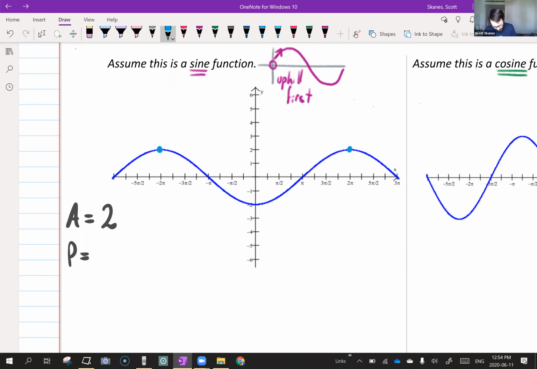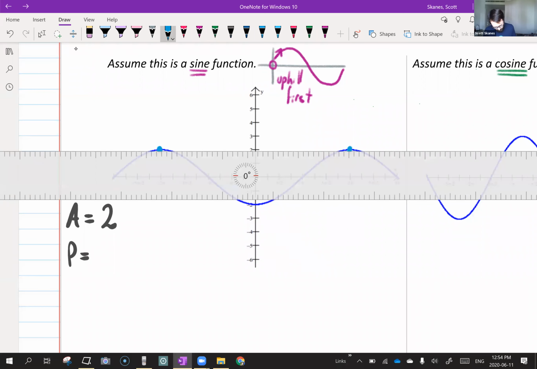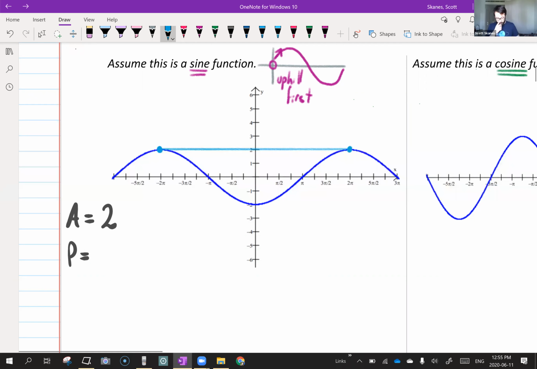And the reason for that is the period is the length of one cycle. In terms of computer circuits and everything like that, it's the amount of time it takes for one cycle in radians. So notice in this case, it took 2 pi. It's at negative 2 pi and it goes to 0, so that's 2 pi. And in this case, it's another 2 pi. So in total, it would be 4 pi.